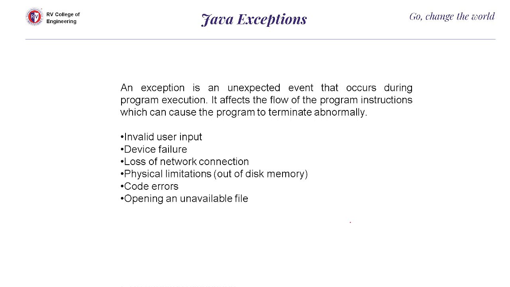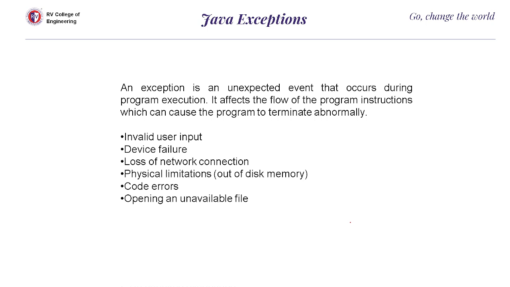User is giving invalid input. Suppose user has to enter a numeric value. If he is entering a string value, that is also an exception. Program will not execute. That is called exception. That is not a syntax error. That is called exception, abnormal condition. So after taking the string value, if you want to add two numbers, if you are giving string as input, that is invalid user input.